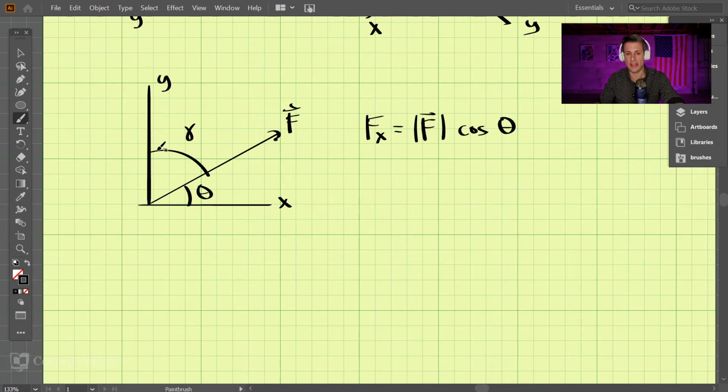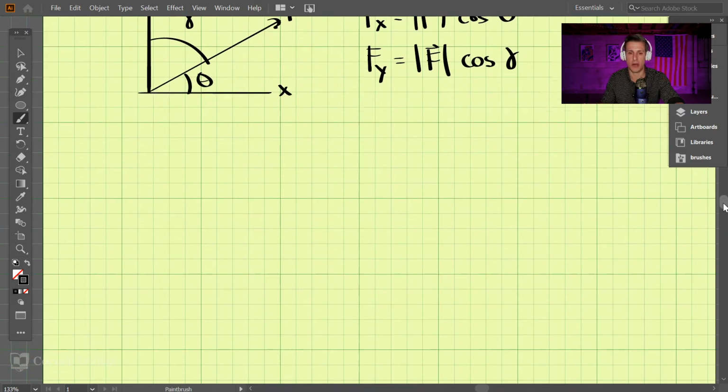And if we have this angle gamma here, we know that y is equal to f cosine gamma, right? So if we have all the angles between the vector and the axis, we can break these down into their components. Now, everybody loses their minds when we move to 3D with this system. So let's do that quick.